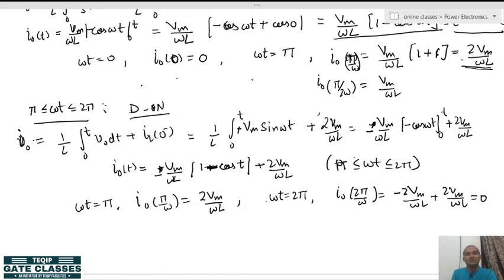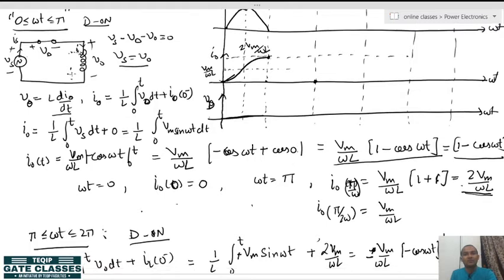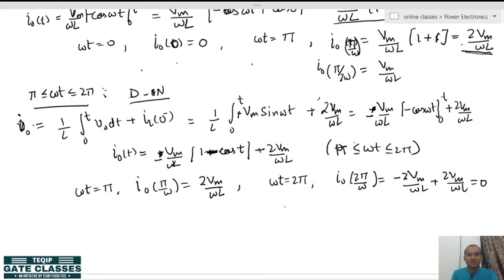It means that at 2 pi the value is again 0. Now we have to confirm whether it is 0 before 2 pi or not. So, let us put some other value, let us say omega t equal to pi plus pi by 2, that is 3 pi by 2.